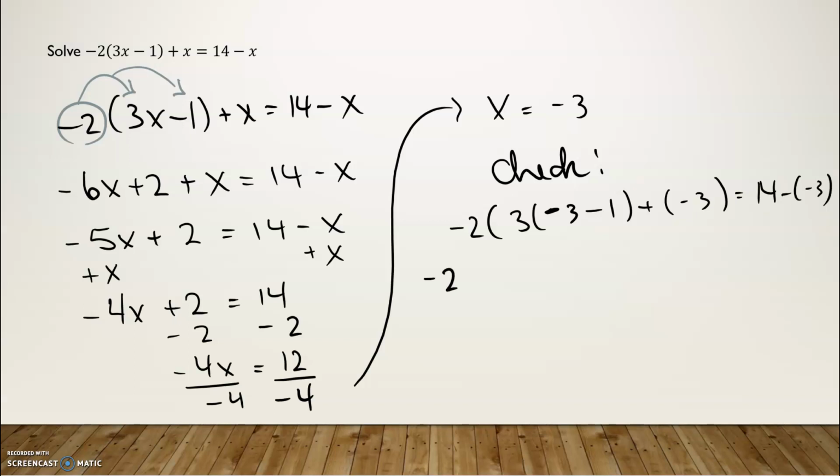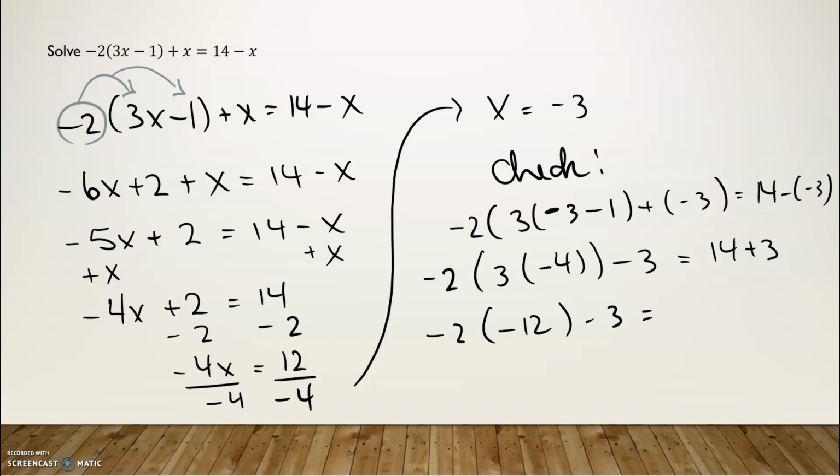So negative 2 times 3, this is going to be negative 4 minus 3 is equal to 14 plus 3. Negative 2 times, we'll go ahead and multiply that out. Negative 12 minus 3 is equal to 17. Negative 2, negative 12 would be a positive 24.